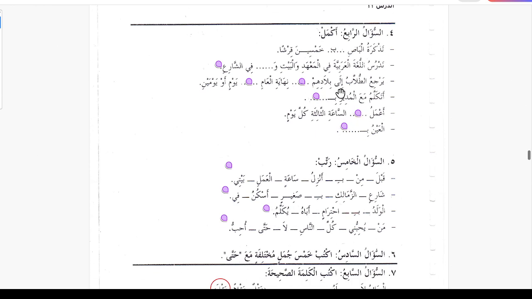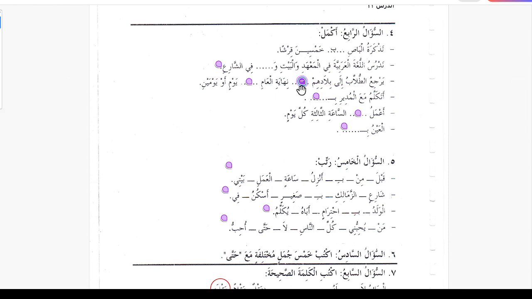Yarjiu tullabu ila biladihim, the students return to their countries. Bada, so we have seen that we can also use ba after bada or kabla.